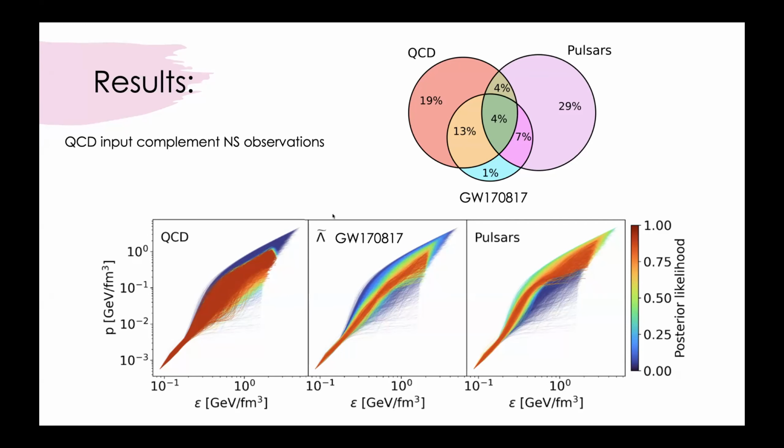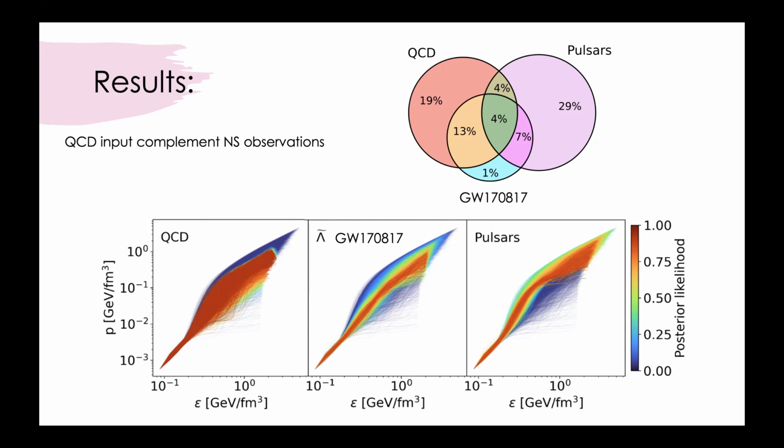It's quite interesting how all these inputs that we have here are very complementary to each other. This Venn diagram here shows the overlap of the different posterior distributions after imposing different combinations of these constraints. You can see that just the pulsar measurements cut down our prior by a factor of 2.